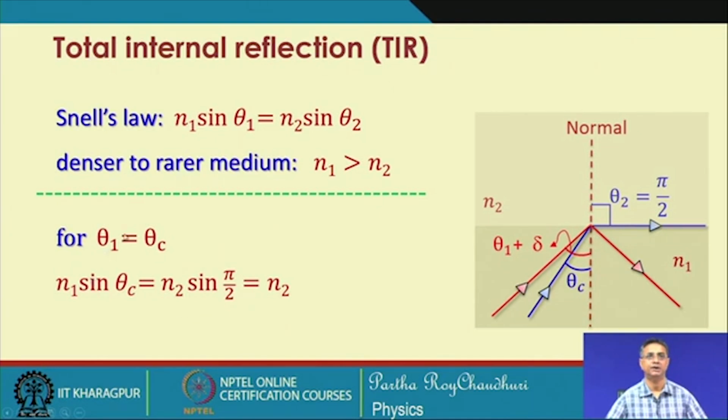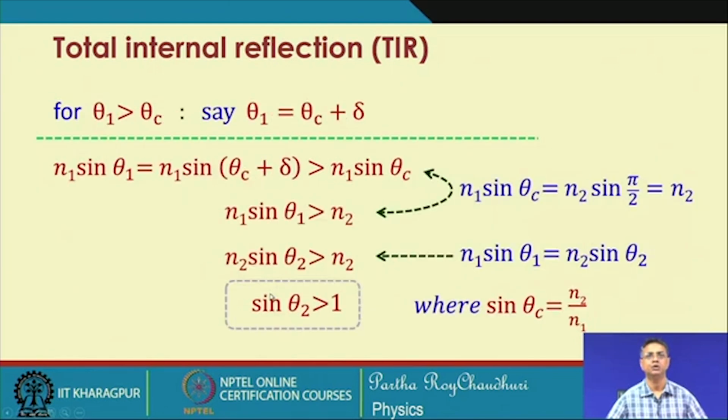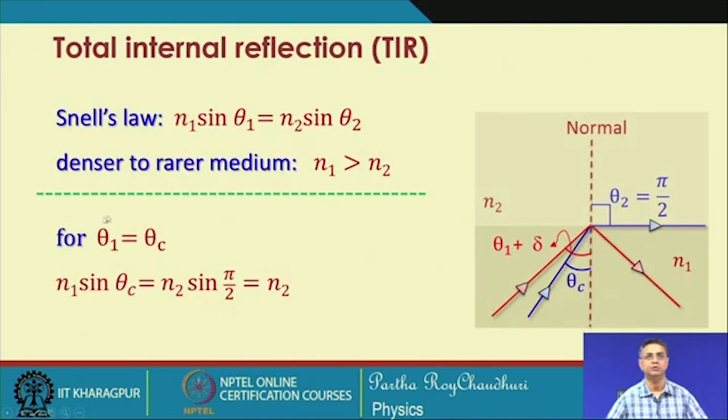So, we can write for theta 1 equal to theta c, n 1 sin theta c will be equal to n 2 sin pi by 2, because this angle of refraction is now pi by 2. So, therefore, n 1 sin theta c must be equal to n 2 under the condition of critical angle of incidence.